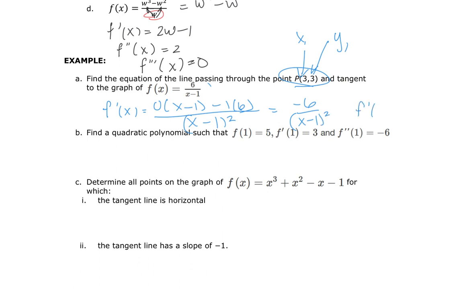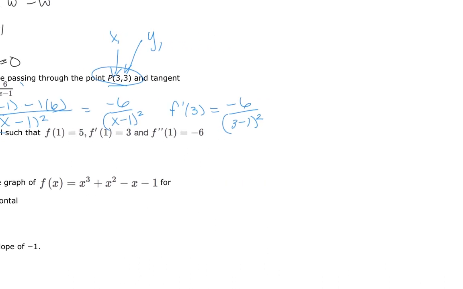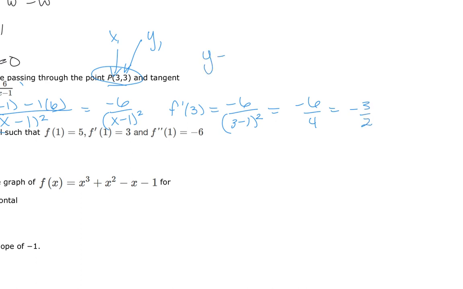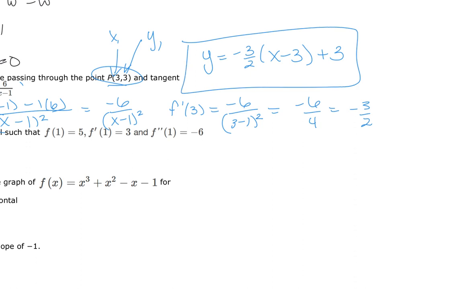So then f prime evaluated at 3 is going to be negative 6 over 3 minus 1, the quantity squared, which is negative 6 over 3 minus 1 is 2 squared is 4, which gives me negative 3 over 2. So what they want is y is equal to negative 3 over 2, x minus 3, that's my x1, plus my y1, which is also 3. That allowed me to bypass that last step of finding y1, so that's kind of nice.